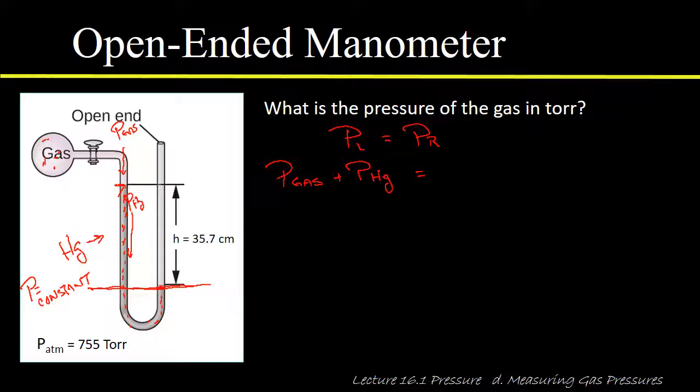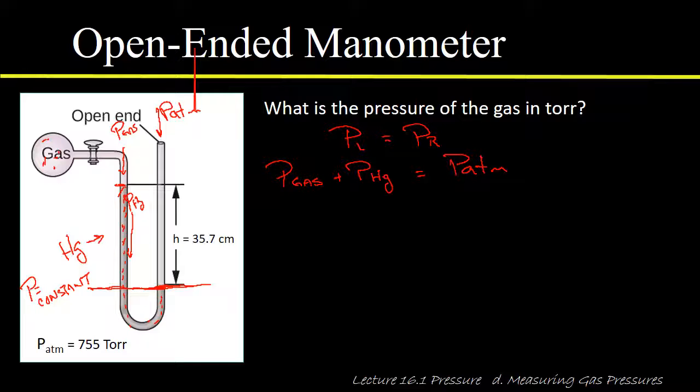And on the right, there's no mercury here, right? Because we're looking at this line right here. The only thing pushing down on the right-hand side is atmospheric pressure, because this tube is open to the atmosphere. So this tells us that the pressure of gas plus the pressure of the mercury is equal to the pressure of the atmosphere.